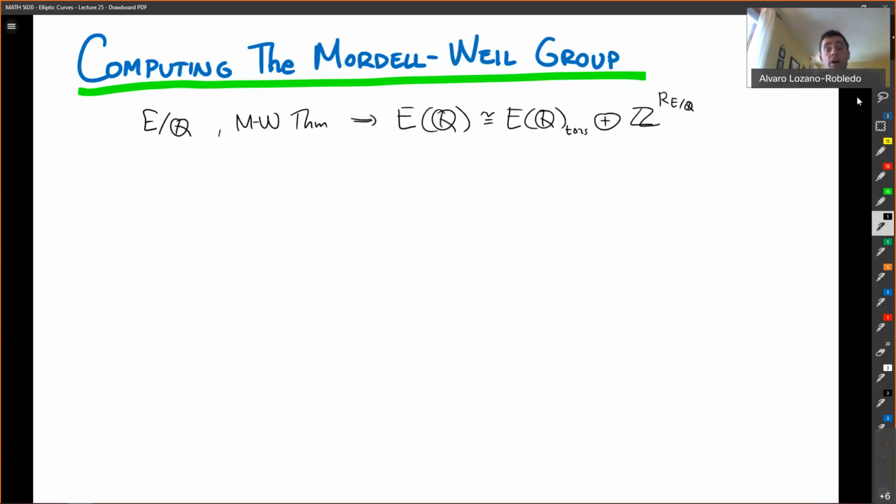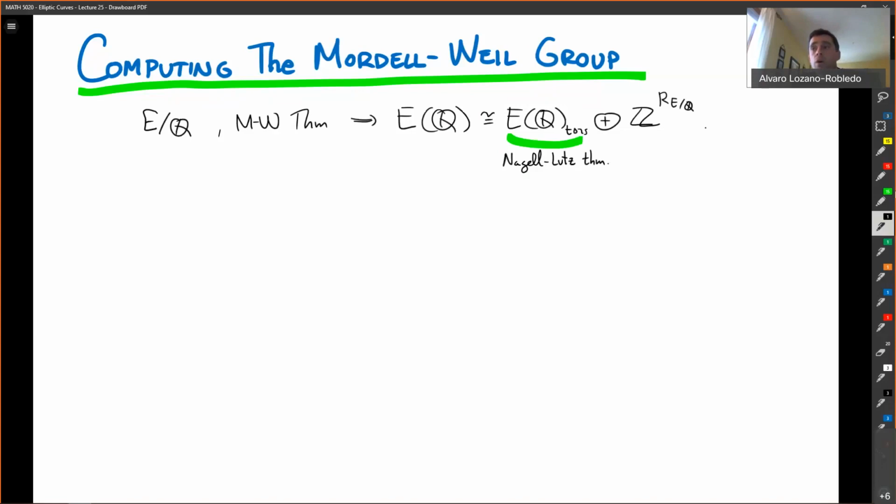And now I want to actually compute all these things. We know how to do the torsion subgroup. We proved the Nagell-Lutz theorem. And in particular, if I can put my elliptic curve in short Weierstrass form, the Nagell-Lutz theorem is a great tool to compute the torsion subgroup.